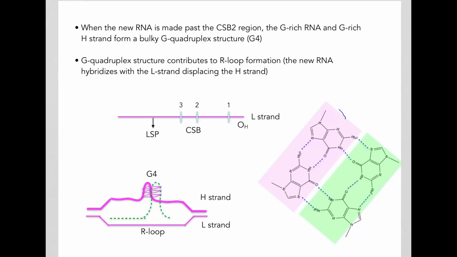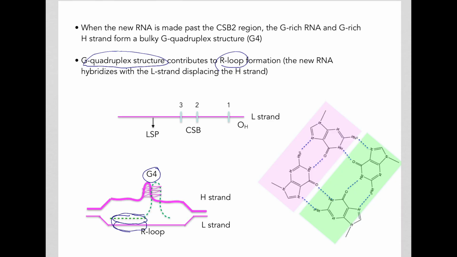And you can see in this structure 4 Gs, 4 guanine residues come together to hydrogen bond with one another to form this G4 quadruplex. This formation of the G quadruplex structure, this G4, will help make what is called the R loop, where the new RNA strand hybridizes with the L strand.